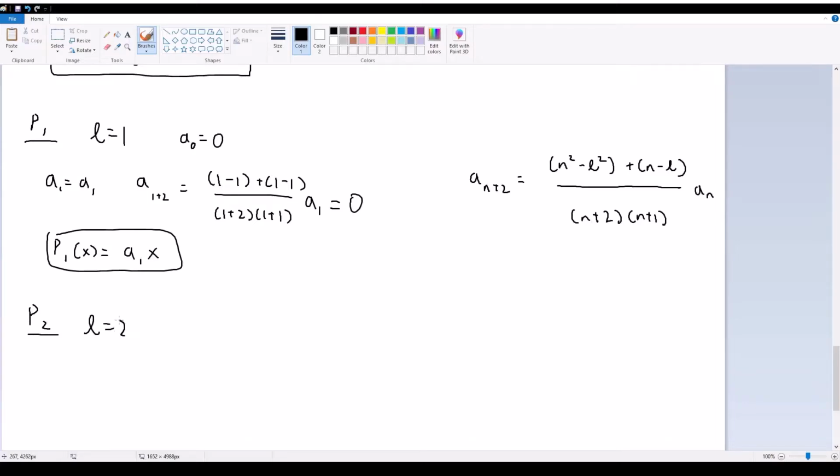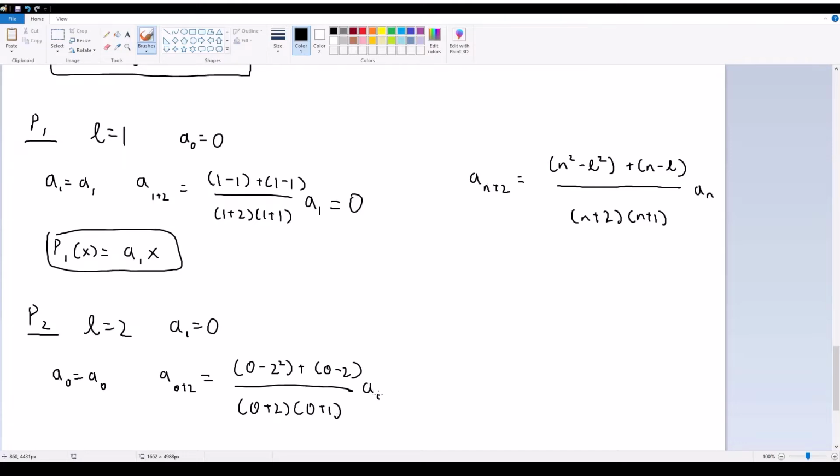Now let's do P2. So L is equal to 2. Therefore, we require the odd terms to just be 0. So A1 is equal to 0. So 3, 5, 7 all equal 0. Then, A0 is equal to A0. Then A0 plus 2. So given n is equal to 0, is equal to 0 minus 2 squared plus 0 minus 2 divided by 0 plus 2 times 0 plus 1.